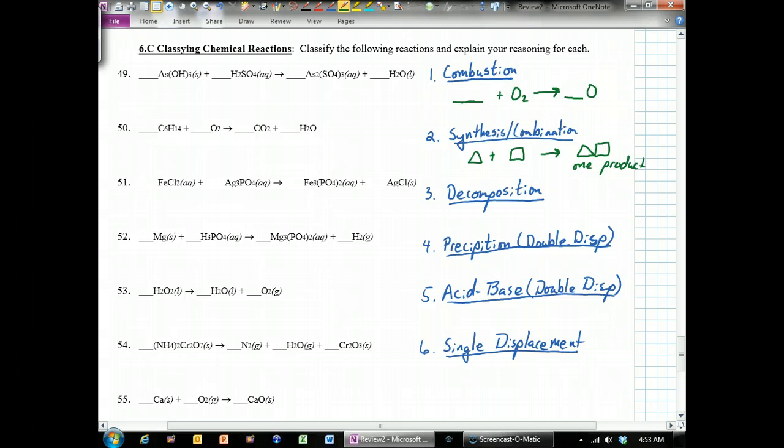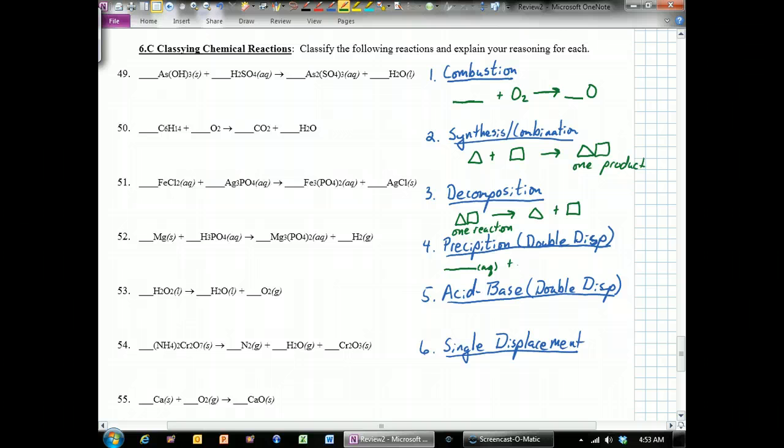The opposite of that is when you have one reactant and it ends up breaking down into elements or its parts, sometimes compounds. You can identify these because there's only one reactant in a decomposition reaction. In a precipitation reaction, it's not as important to know what the chemicals are.